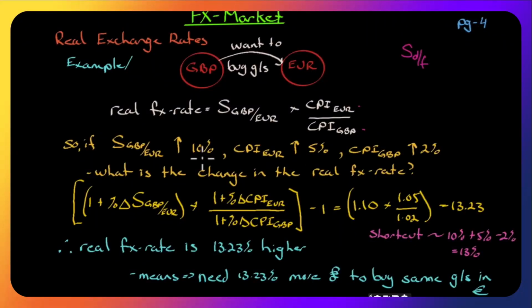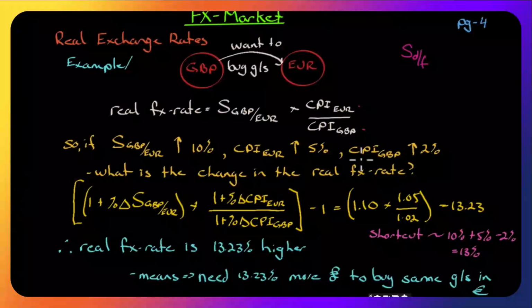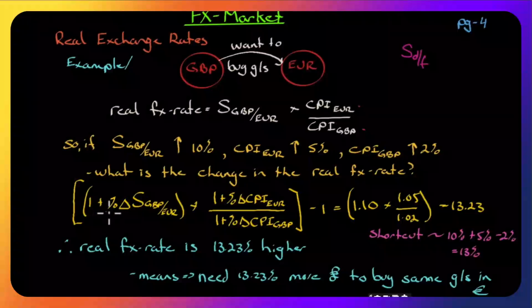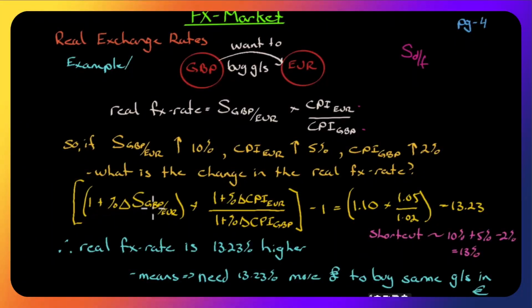We're saying, given these conditions, what would be the change in the real exchange rate? And it is 1 plus the percentage change in the spot rate multiplied by 1 plus the percentage change in the CPI rate for the euro over 1 plus the percentage change in the CPI rate for Great Britain, minus 1.